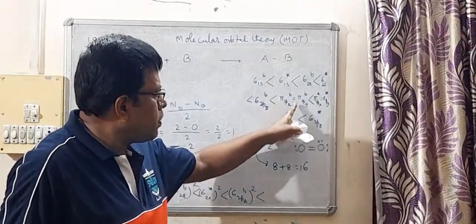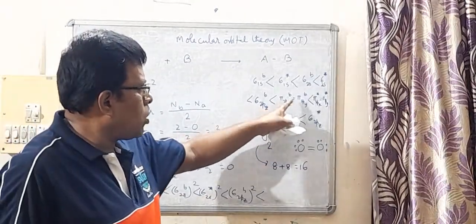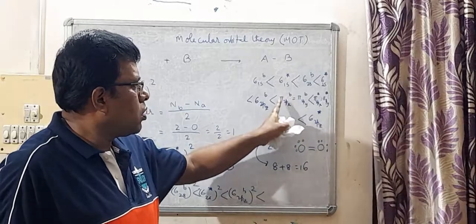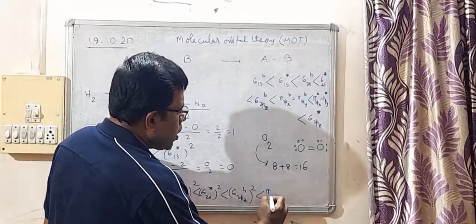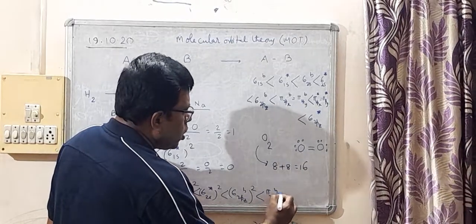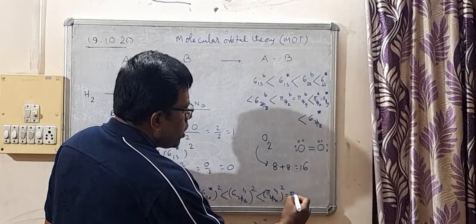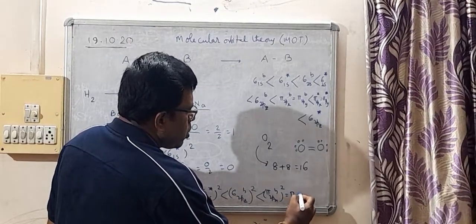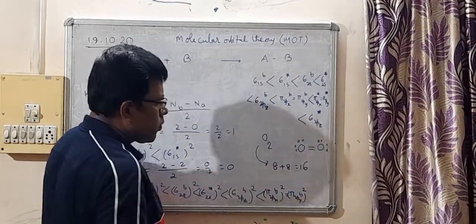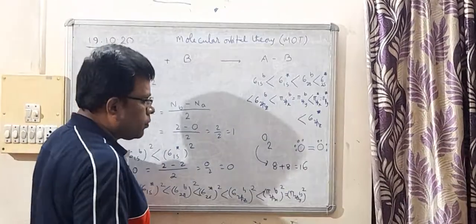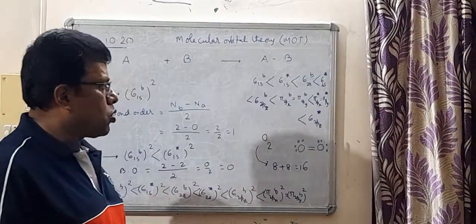So now it will be filled up here. This can hold a total of 4 electrons, this 2 and this 2. So pi 2px bonding 2 electrons equal to pi 2py bonding 2 electrons. Now we are left with 2 electrons.